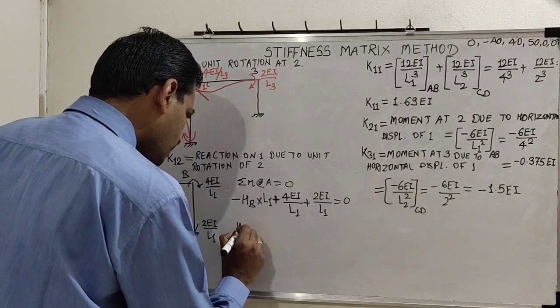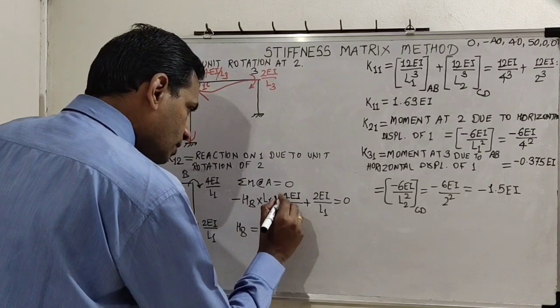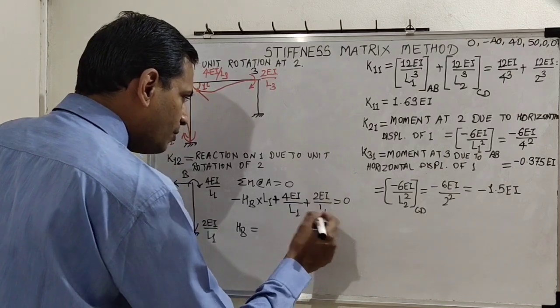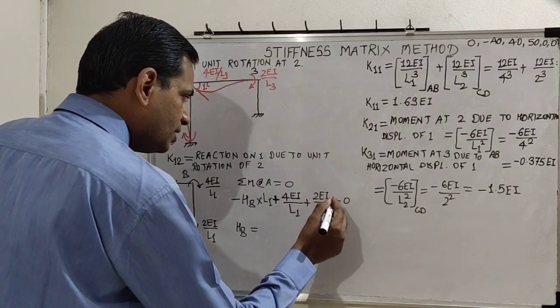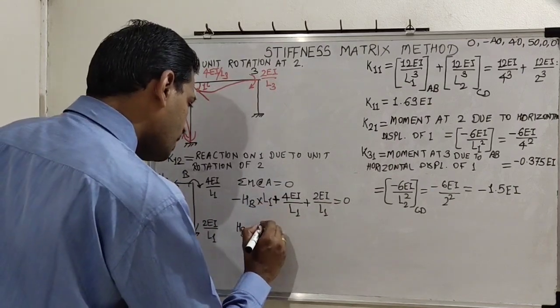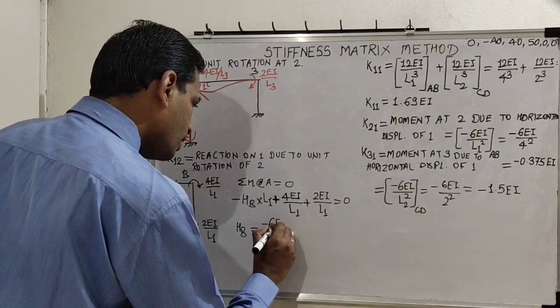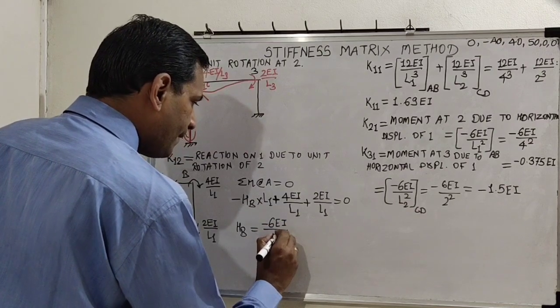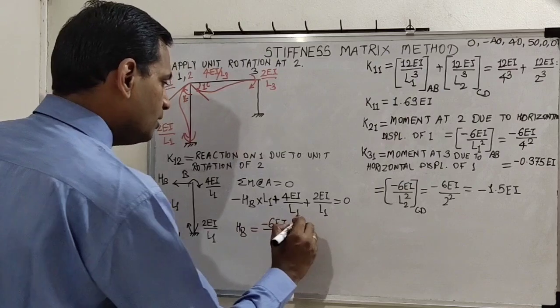So HB will be 4 plus 2, 6. Bring it on right hand side, it will become minus 6EI upon L1 divided by minus L1. So it is minus 6EI by L1 square. Minus actually gets cancelled, but still I am saying it minus. Why?